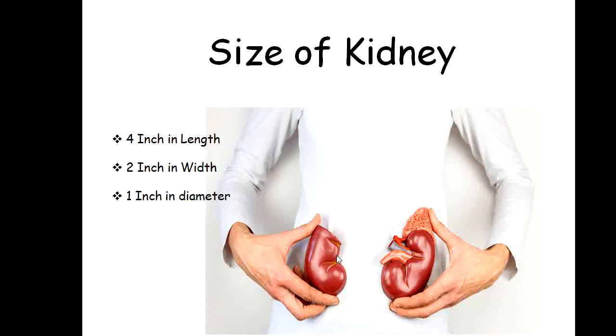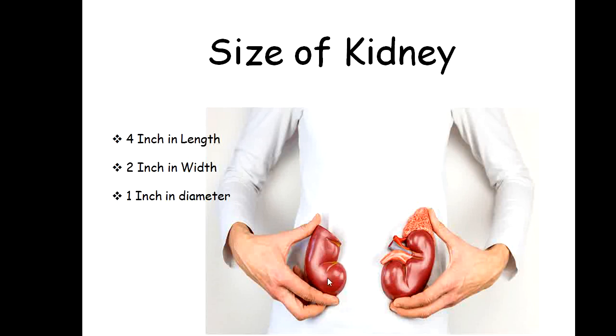The right kidney has no adrenal gland, but the left kidney has an adrenal gland. And it has a bean shape.